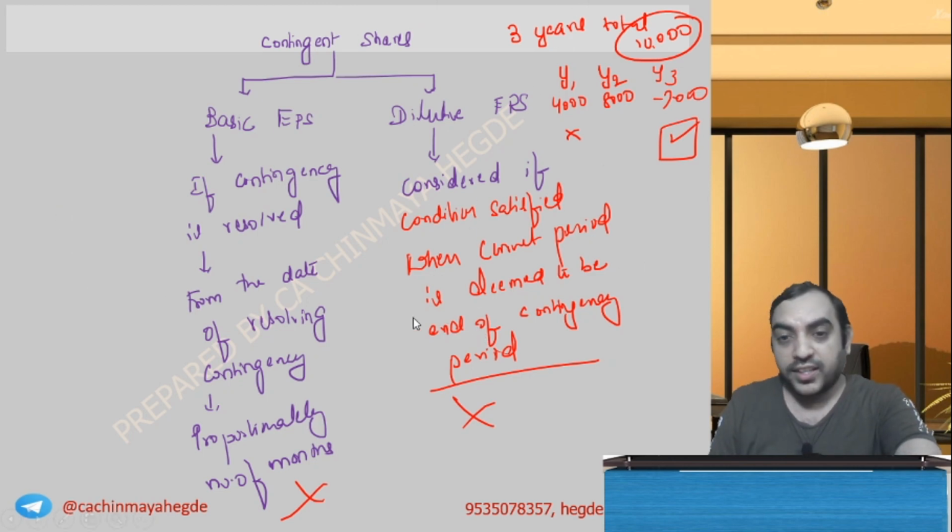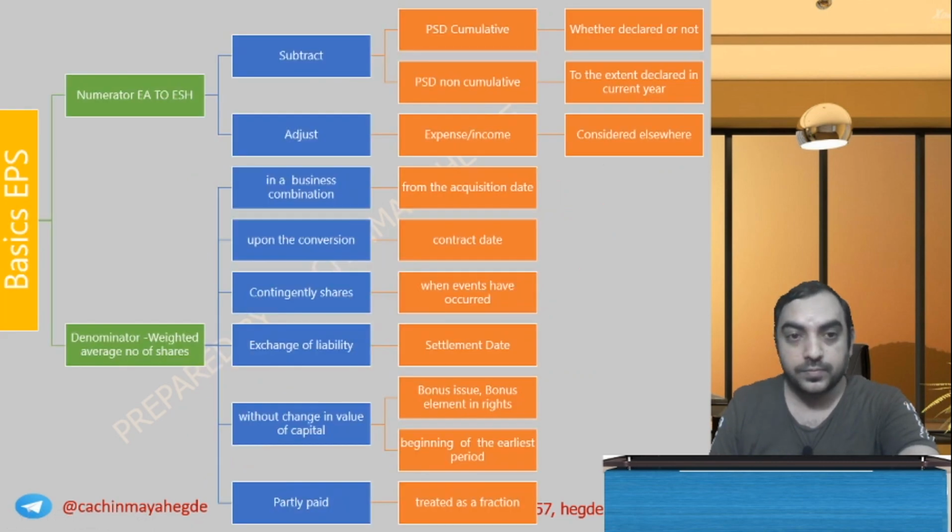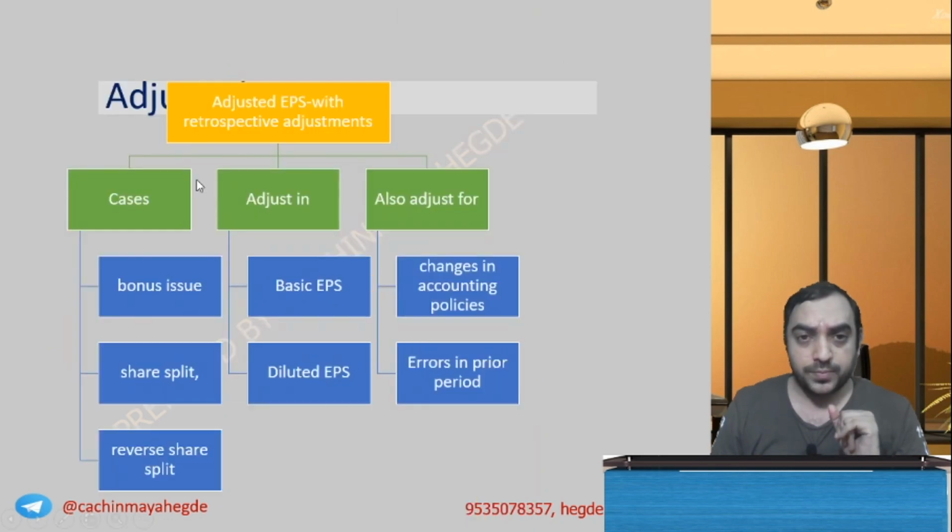Okay, let's go further. So this numerator and denominator I've already explained. Date of contingent issue, exchange of liability when settlement takes place, without change in the value of capital like bonus shares, stock split from the earliest period, partly paid, proportionate shares.